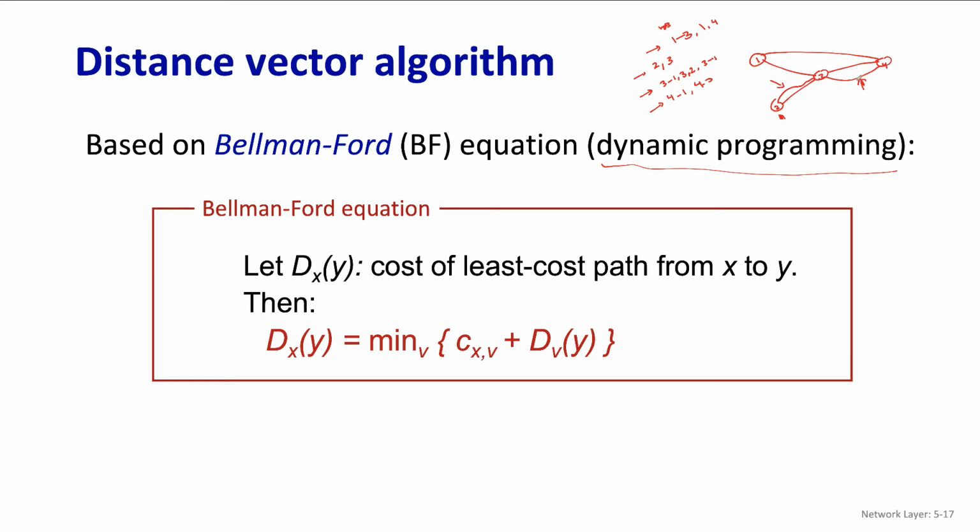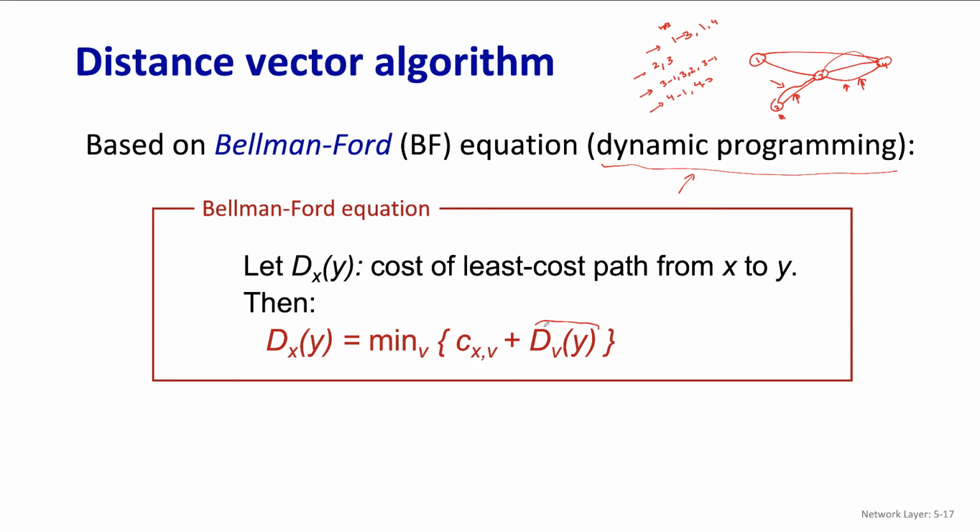I will add the calculation here to the calculation here, but I don't need to go from 2 to 3, 3 to 4, because 3 to 4 is already calculated. The same thing here, DV of Y, for example, is already calculated. That's why we call it dynamic programming.